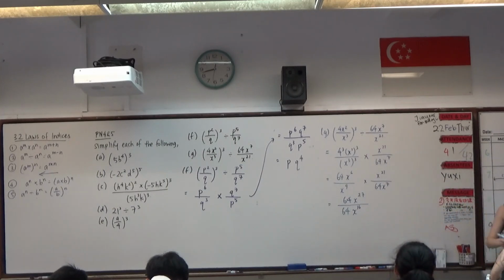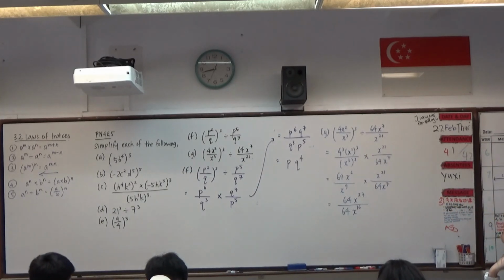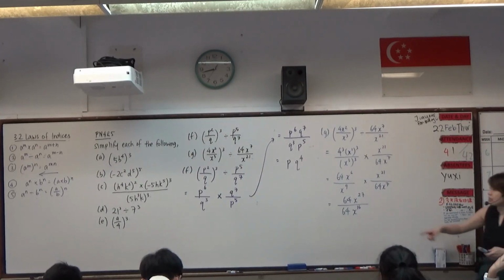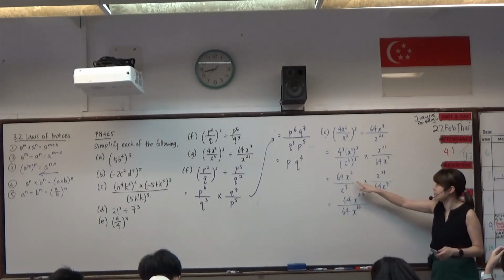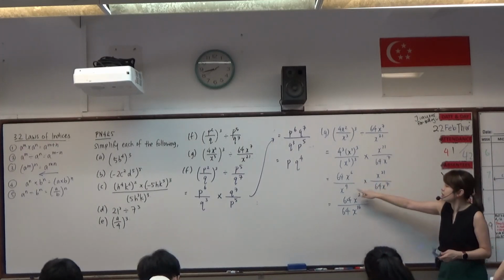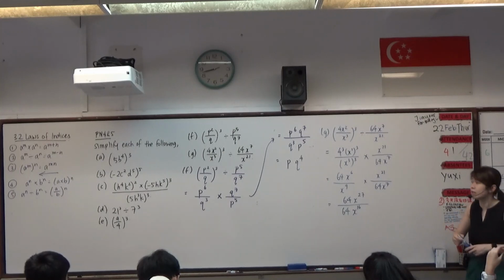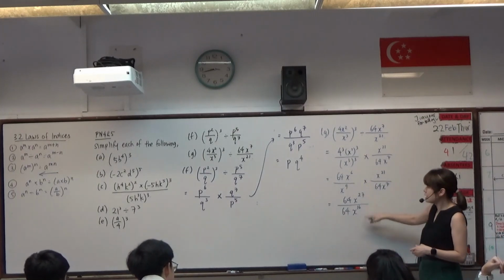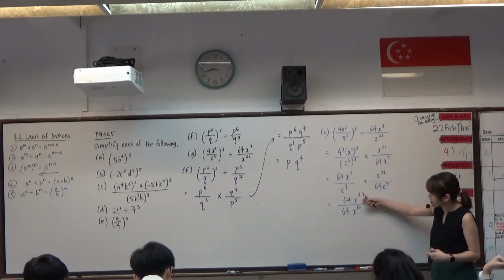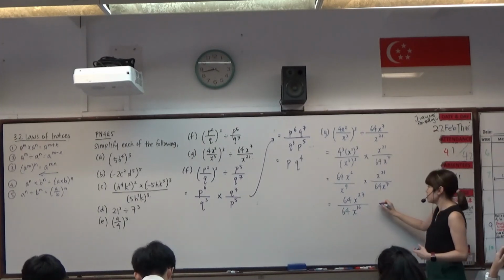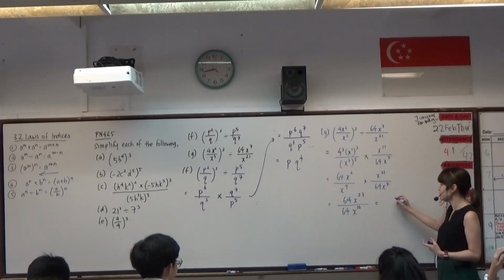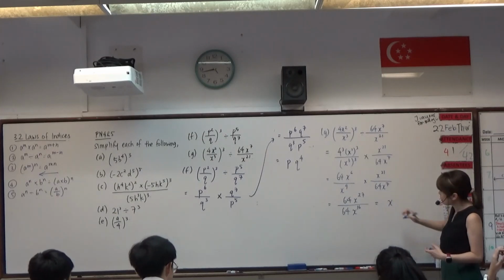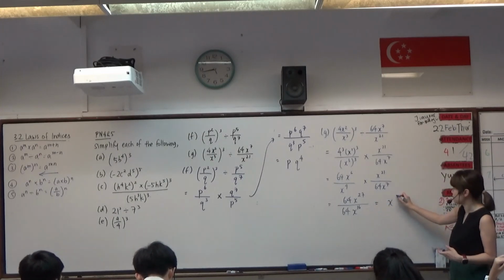Having it written like that will be neater before you jump into cancelling. Because you don't want to cancel here, then cancel from here, and then I really don't know how you will go about cancelling, because there are x's everywhere. Keeping it like that, we are very clear that we're only taking this and this. So 64 and 64 is 1. Then we're left with x to the power of 27 minus 16, that will give us 11.